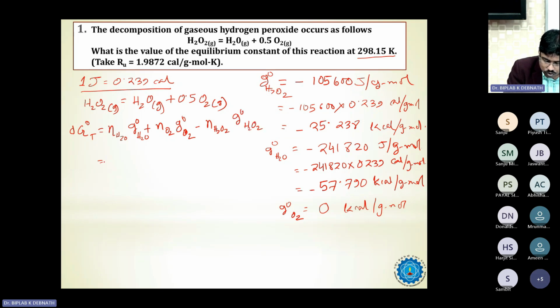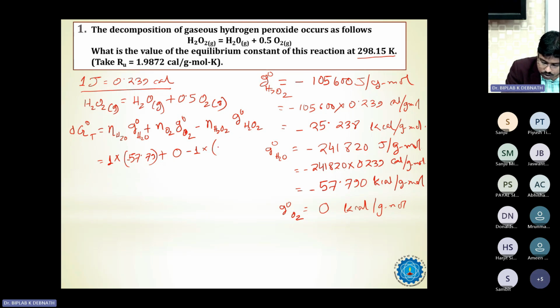Okay, so how many moles of water is created? 1 mole only. 1 mole into how much is the value? Gibbs free energy minus 57.79, plus this is entirely zero because G naught O2 is 0, minus this is again 1 into G naught H2O2.